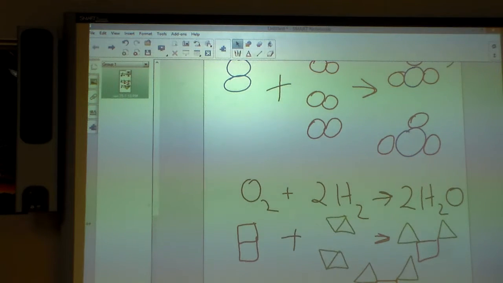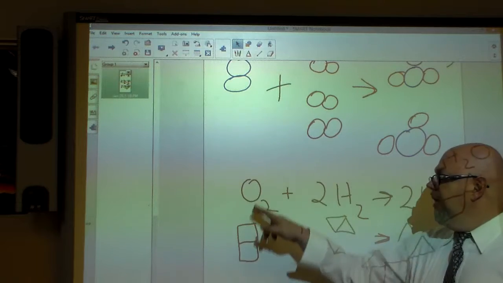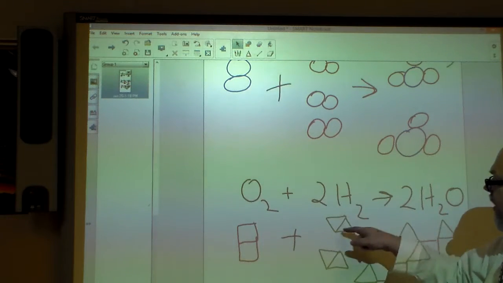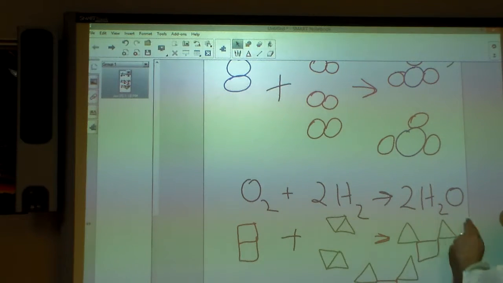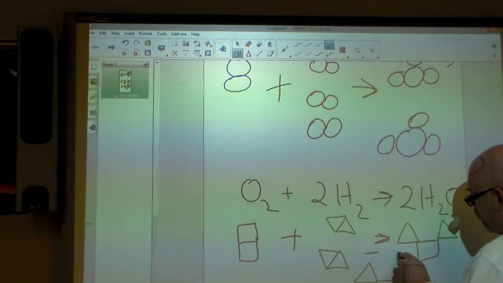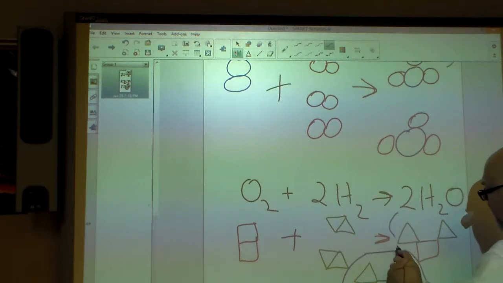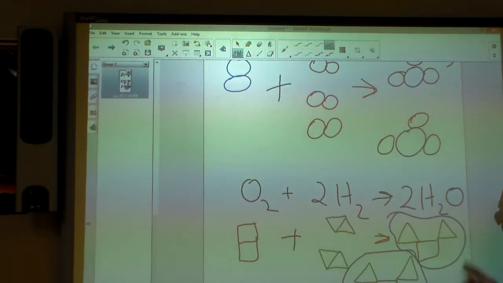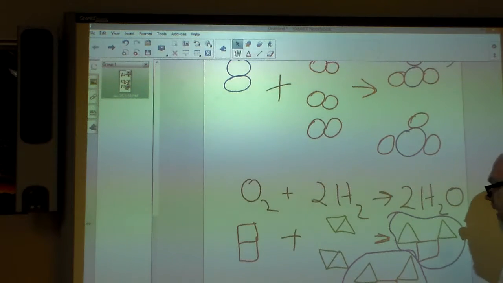It looks a little bit weird. Do not expect me to draw eyes in the triangle. Don't go there. So we've got an O2 here plus 2 H2s gets us 2 separate H2Os. Here's one of them, and here's the other. Now notice I put them together in a way that would resemble water.